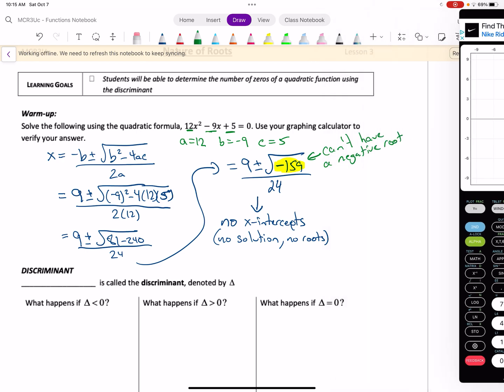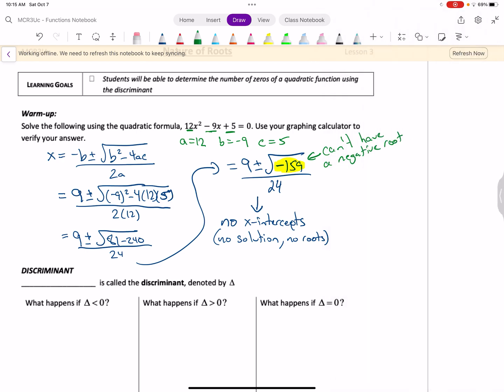And so you have a situation where there are no x-intercepts. I'm just going to sketch it here. Doesn't have to be perfect. So it's something up here. Maybe it was skinnier than that because it had an a value of 12, but we get the idea. There is no x-intercept.